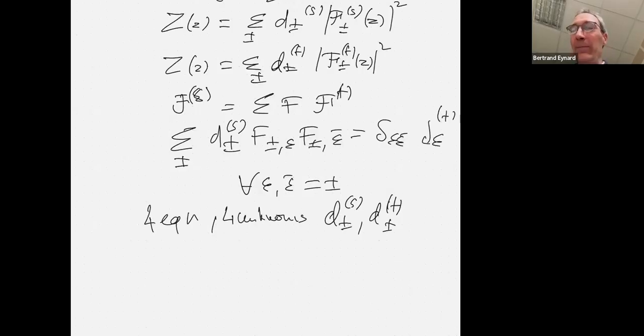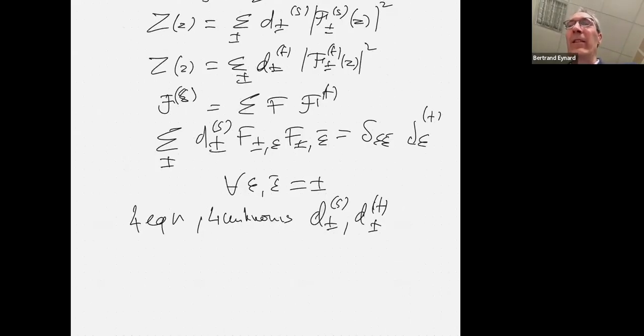Well, fortunately, some equations are redundant, so there are only three independent equations, and therefore there exists a non-trivial solution, which means that basically we know the ratios of all these four unknowns. And in particular, we know the ratio of d S plus over d S minus.